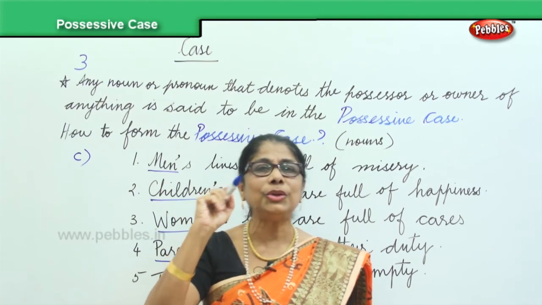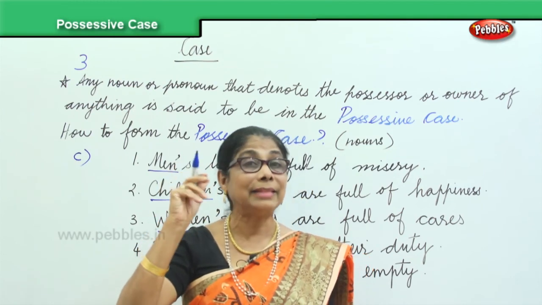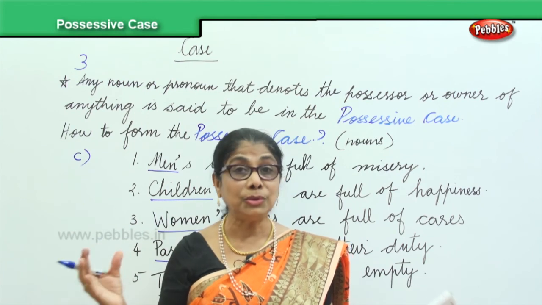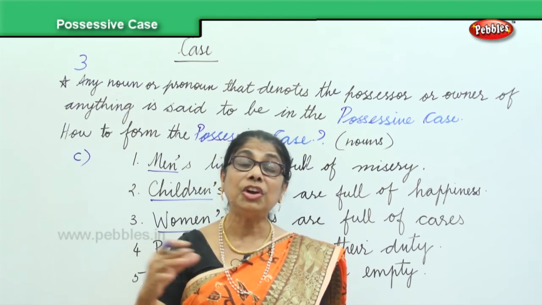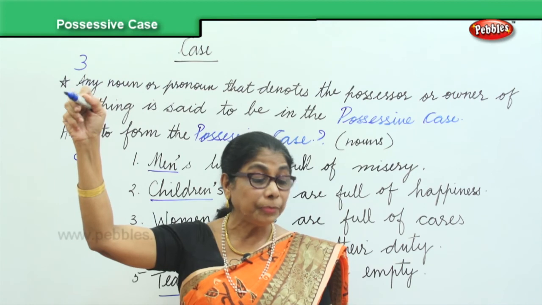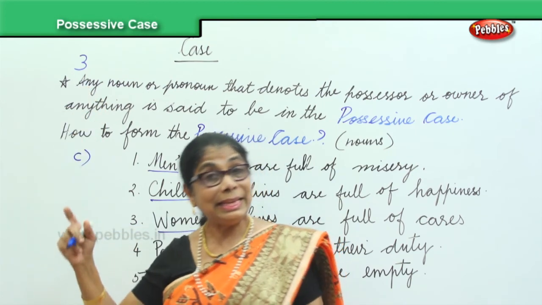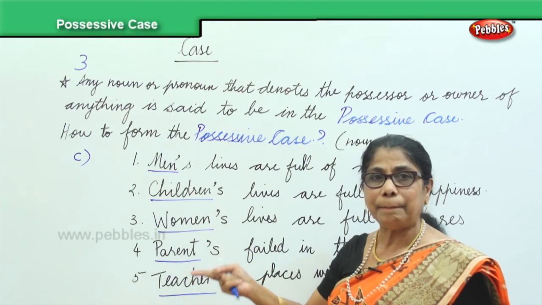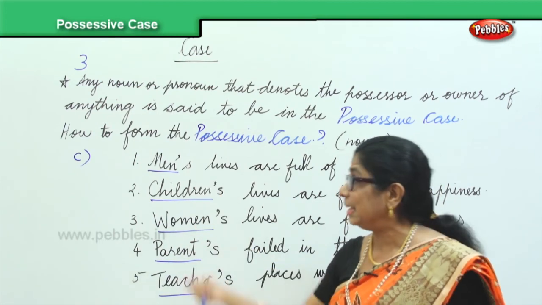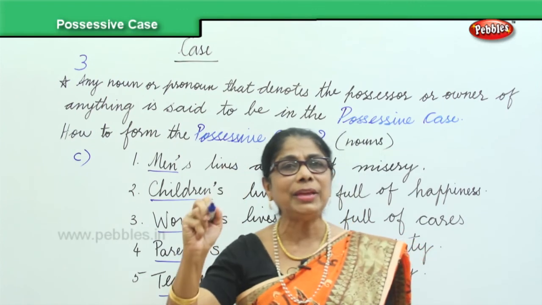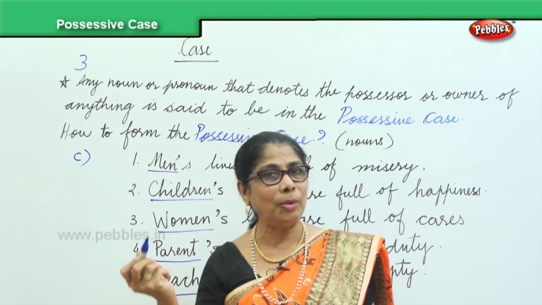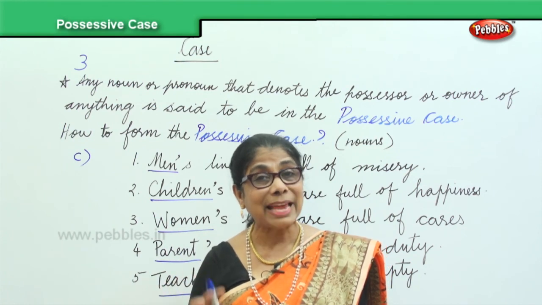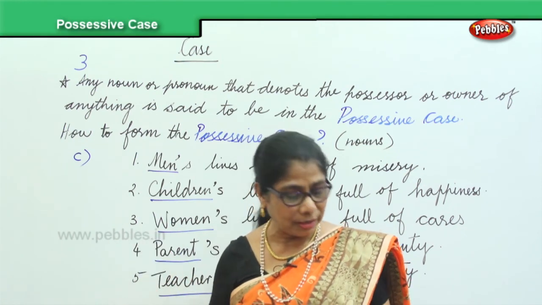After Peter, you put an apostrophe S. That is for the first one. If many girls lose their boxes, many girls, after the girls, you put the apostrophe. In these plural forms, like the men and children and women and parents and teachers, in these cases, you put the apostrophe after the plural followed by S. So, three ways of forming possessive case. That's what we've learned now.